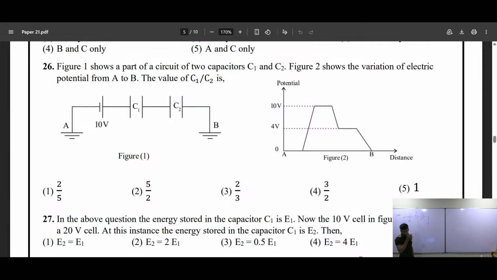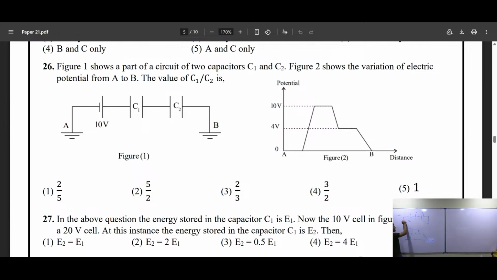We need to find the value of C1 or C2. A potential versus distance graph is given. There you have potential, there you have the distance. The graph is 0 from there to there, then suddenly it increases to 10 volts, and this is 4 volts, this is 10 volts.